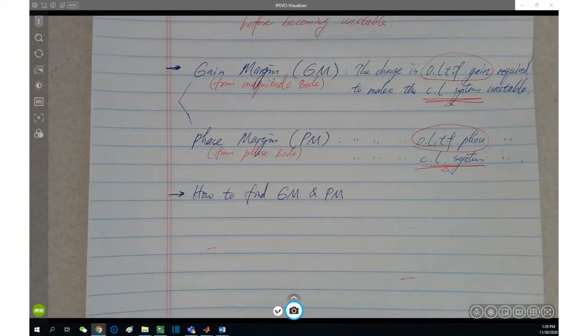In this particular system, you have one particular frequency, and at that frequency point you have a respective magnitude value and phase value, right? From that point on, as a reference, you start to change your system gain to make your system unstable, and then that change is the gain margin or phase margin. Does it make some sense?